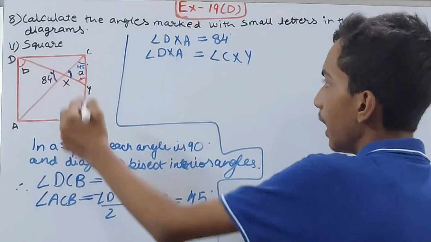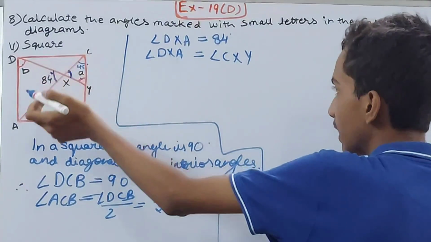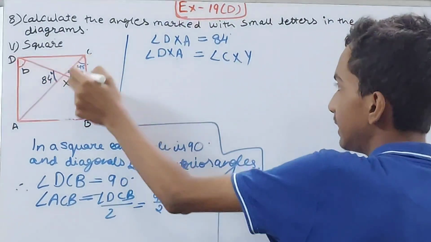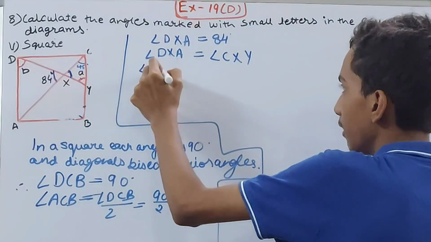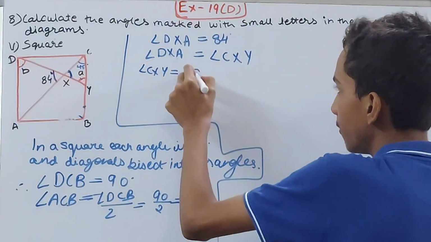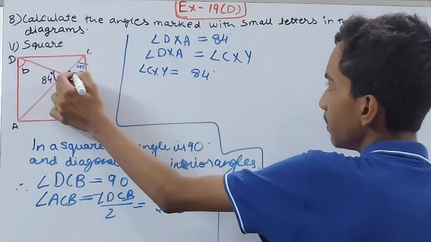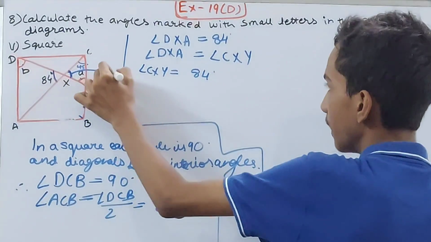Now see here, A is not given, but angle CXY we have taken out, that will be 84 degrees only. This part right here, it is 84 degrees.